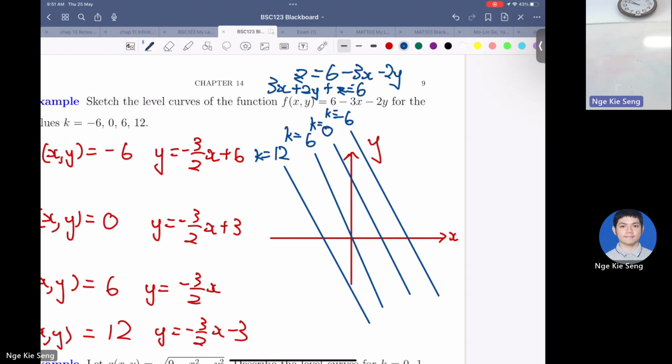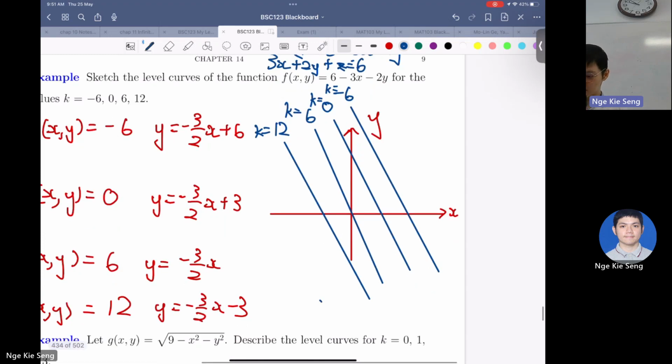So this is a plane. If you have a plane, you cut it with another plane, a constant plane, you get a line. So this function f(x,y) is a plane.